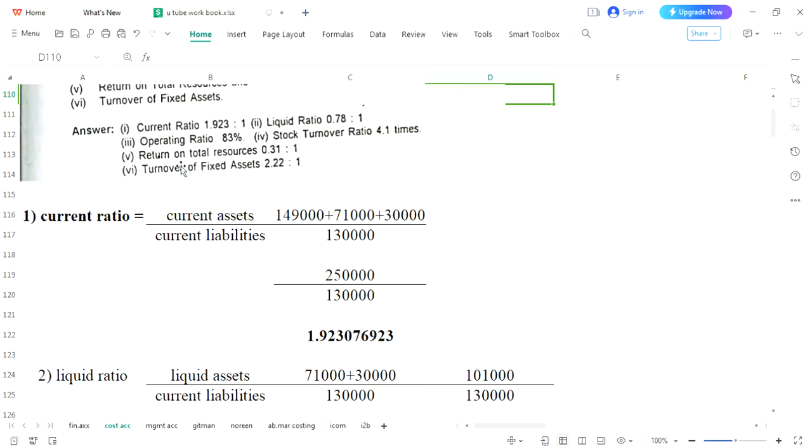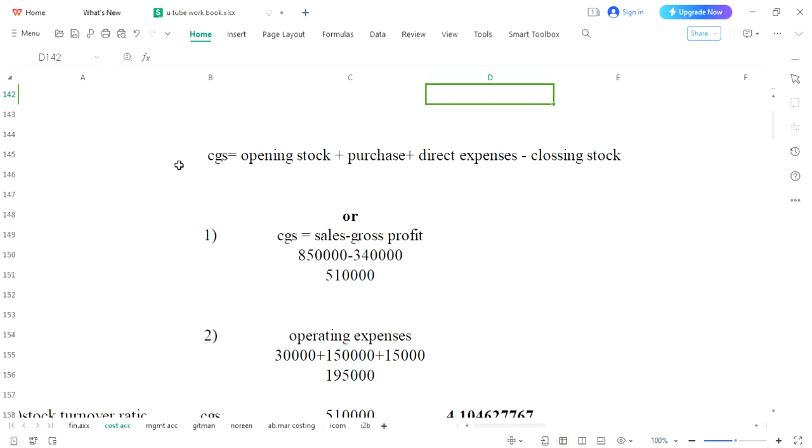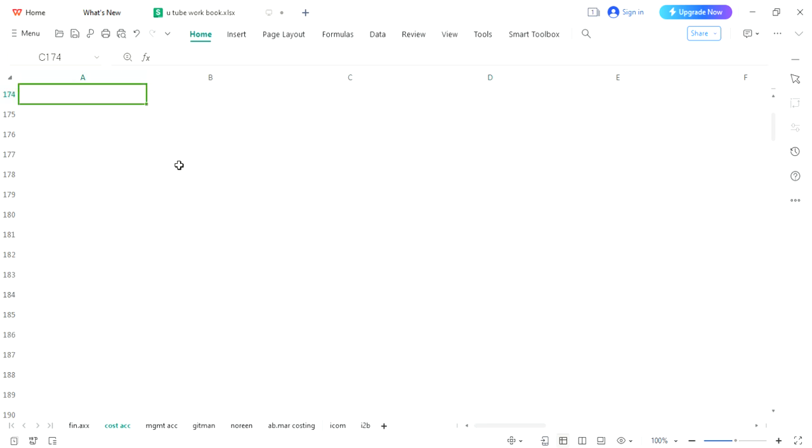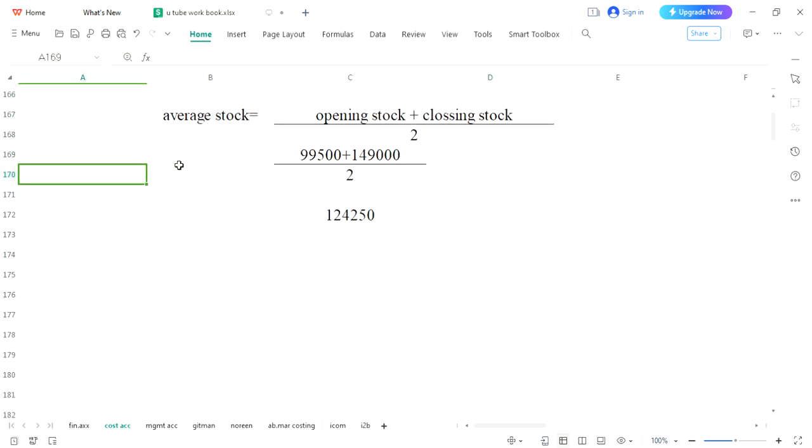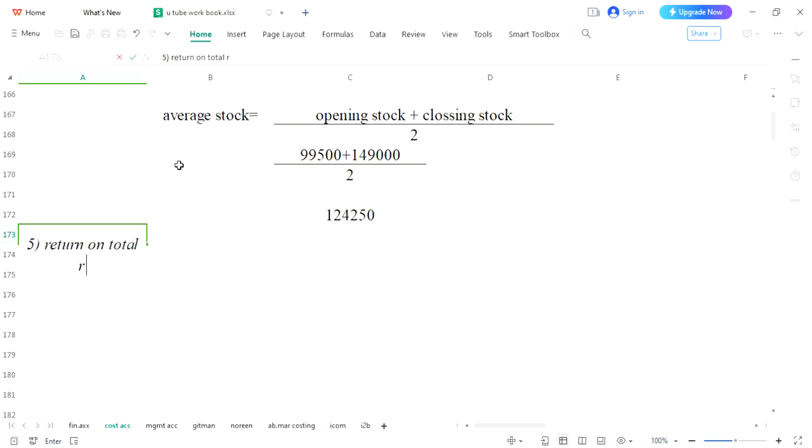Now the next formula is return on total resources, fifth. And I expect from you that you know the formula of return on total resources.